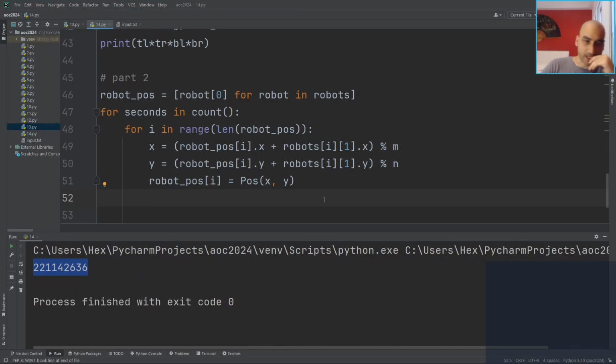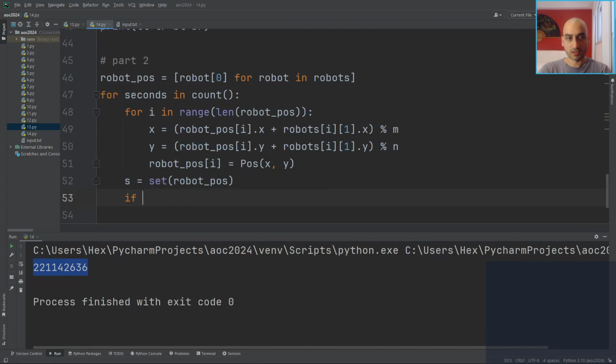I don't know. Okay, let's just say S equals set of robot positions if all. So we want pause m.